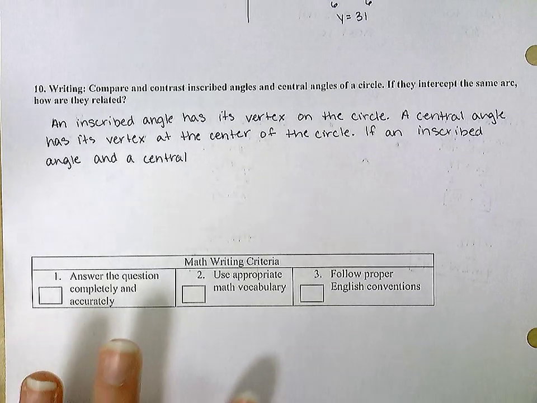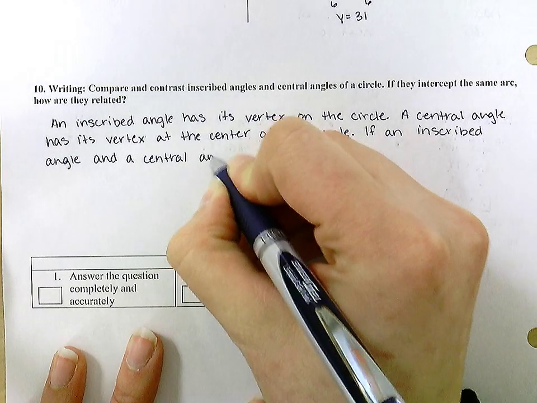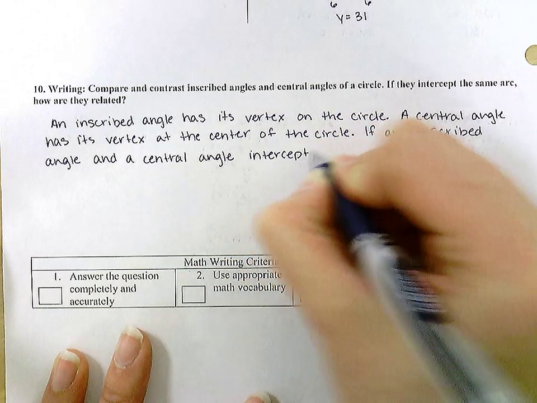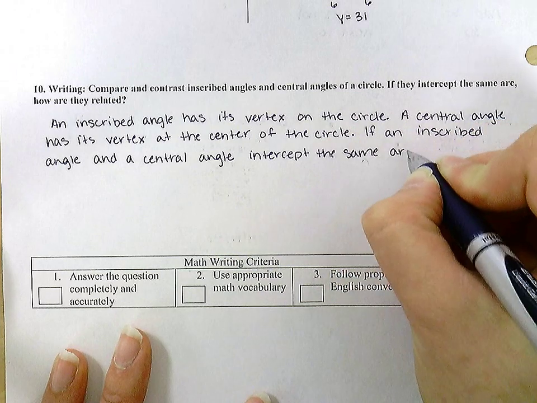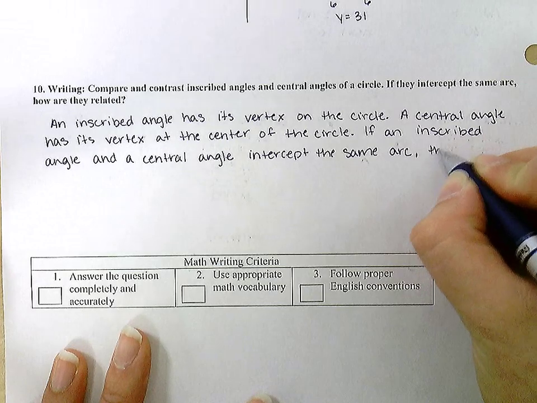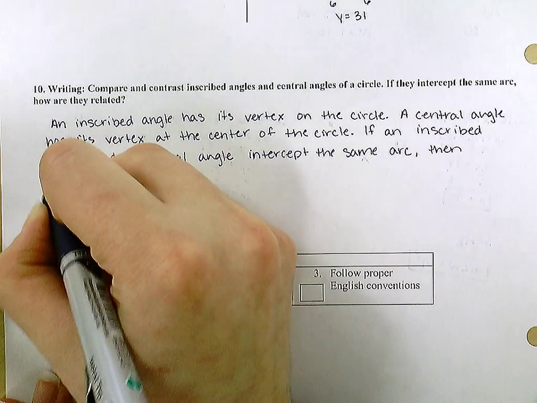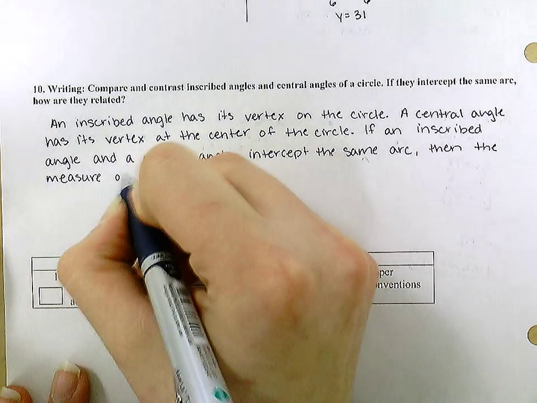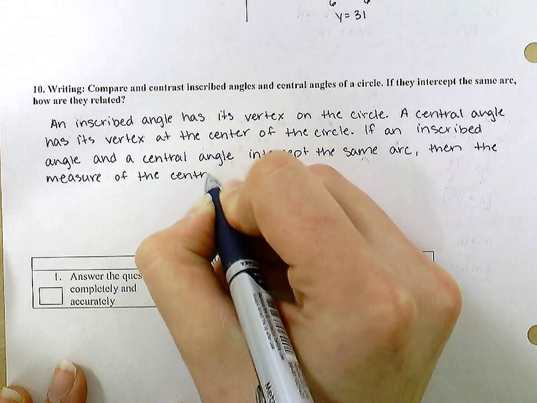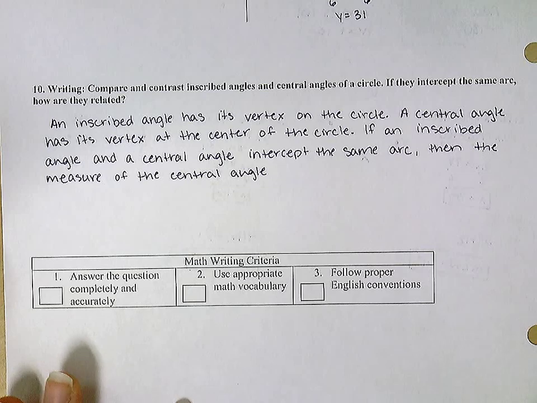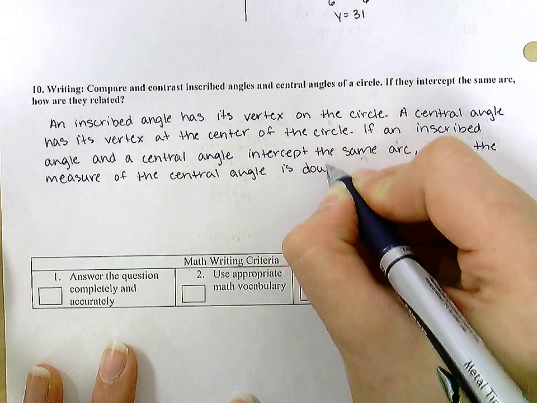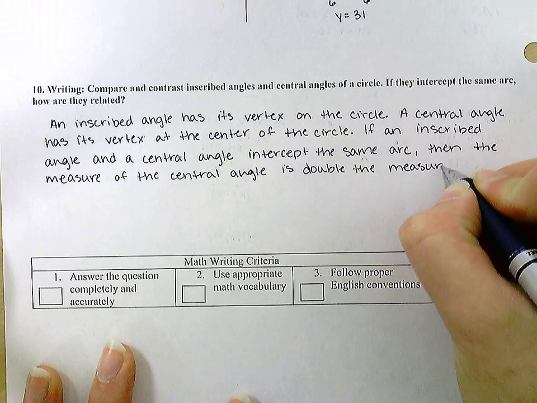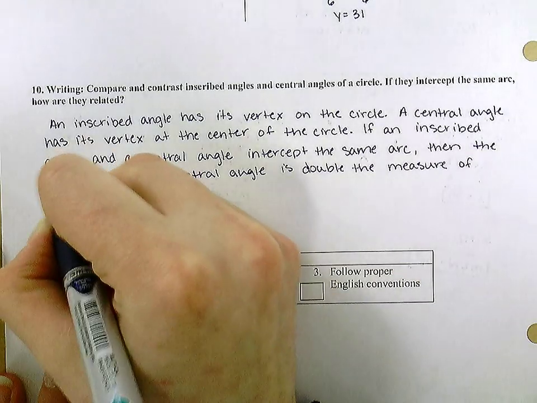So if an inscribed angle and a central angle intercept the same arc, then the measure, let's say the measure of the central angle is double the measure of the inscribed angle.